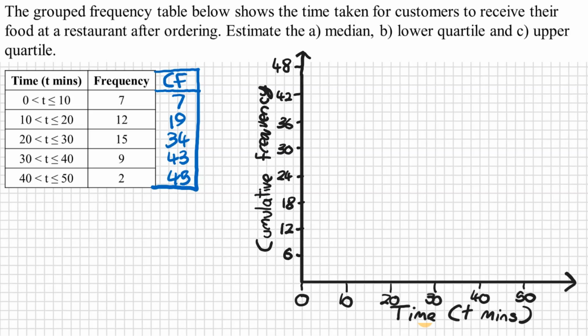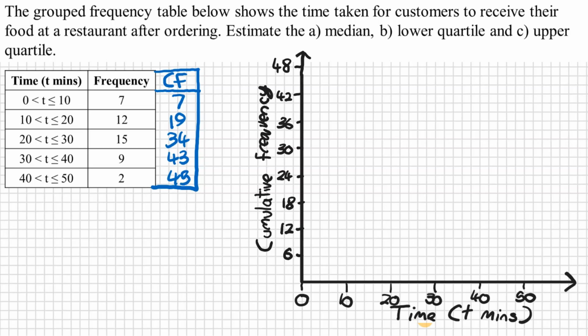Okay, so I've drawn a quick pair of axes here where on the x-axis I've done the time in minutes, and then on the y-axis I've done the cumulative frequencies, okay? And we're going to plot these cumulative frequencies, so the 7, 19, 34, 43 and 45 on the y-axis, and the x-coordinates are going to be the ends of the intervals in these classes.